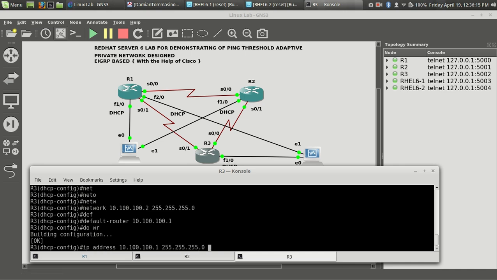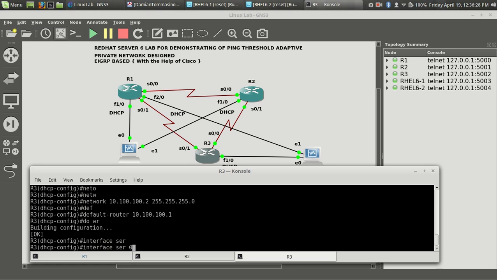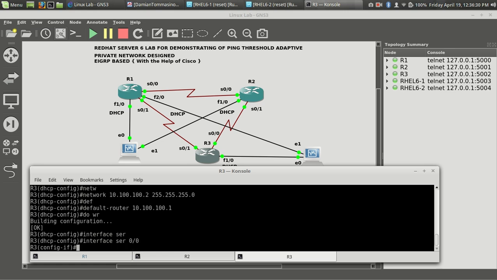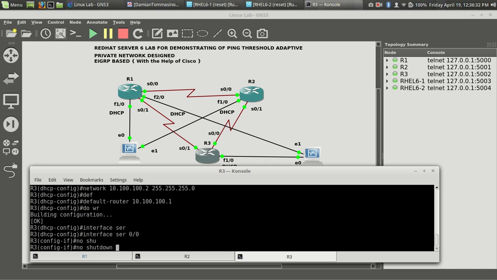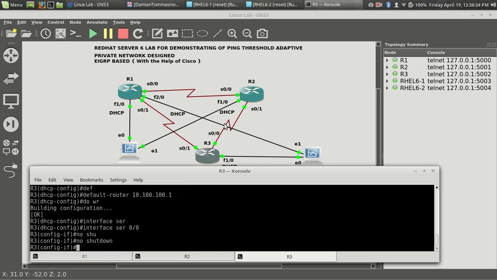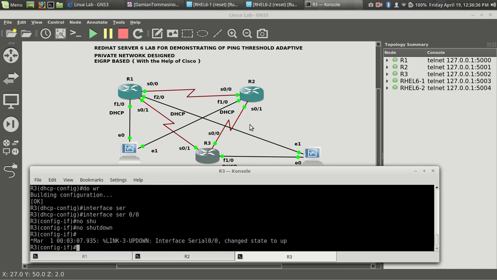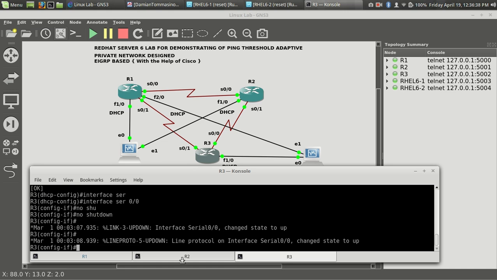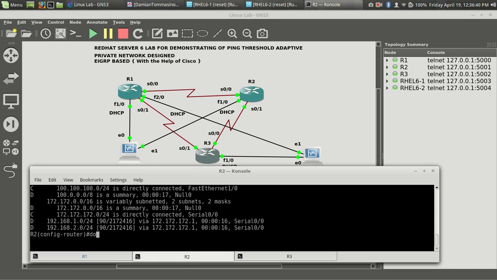The next interface is what? Interface serial 0/0. First we would like to tally what is the IP address of router 2's serial 0/1. Router 2's serial 0/1.